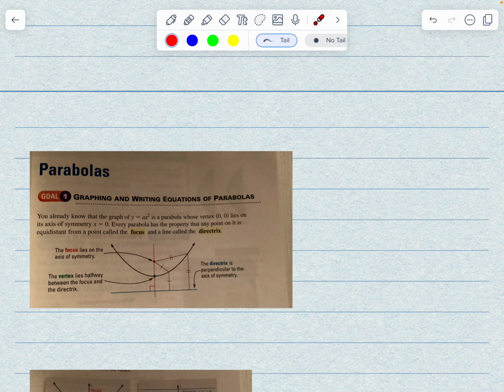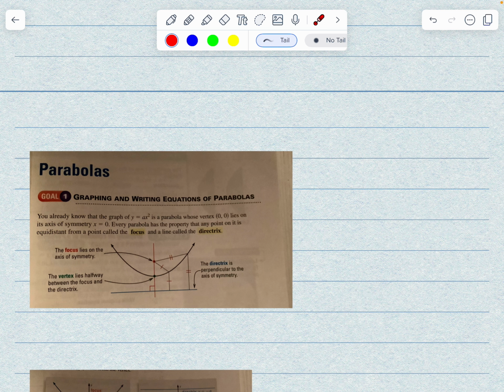We know that when we have a parabola, this is the vertex, and we know that this is your axis of symmetry. The axis of symmetry divides the parabola in two equal parts, right? It's the same distance. So if I were to take the distance from here to here, here to here, it's going to be the same.